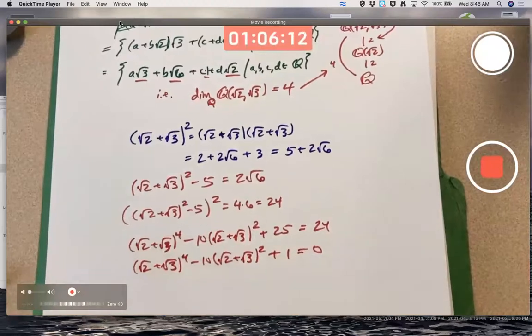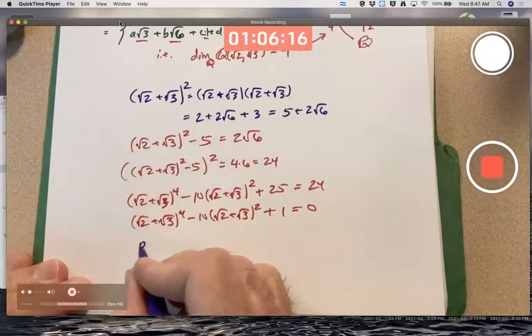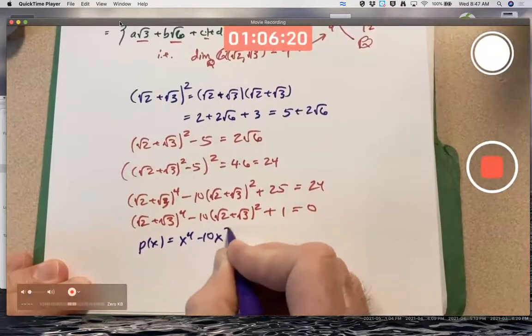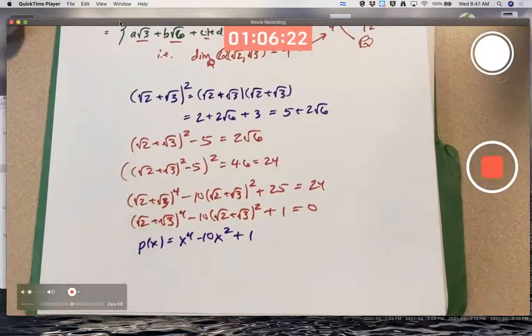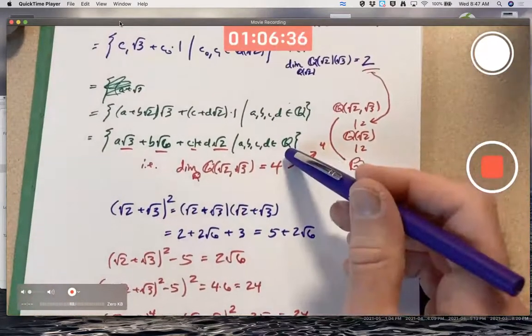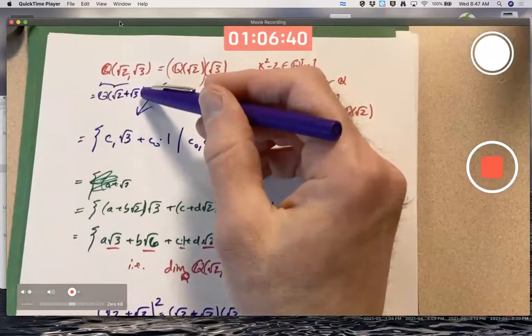Hey, it looks like root 2 plus root 3 is a root of p(x) equals x to the 4th minus 10x squared plus 1. The only question is, is that an irreducible polynomial over Q? If it is, then that does it. That's another way to realize that this is a four-dimensional vector space over Q.